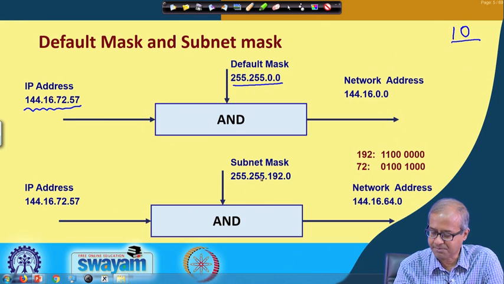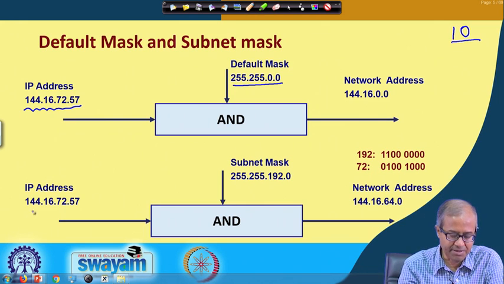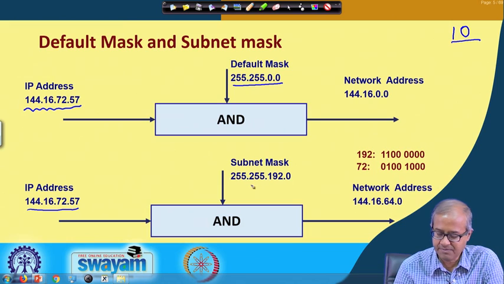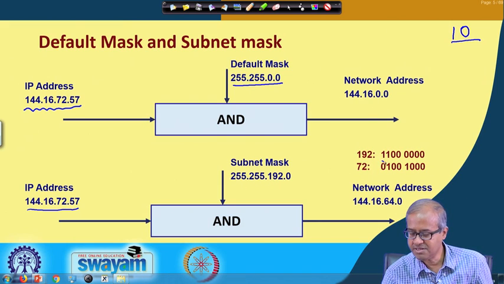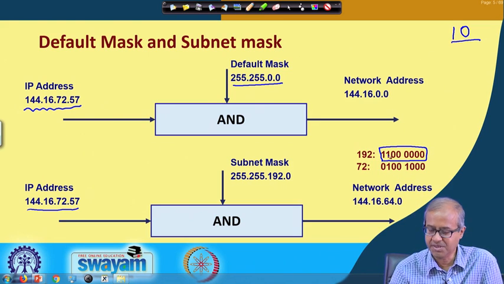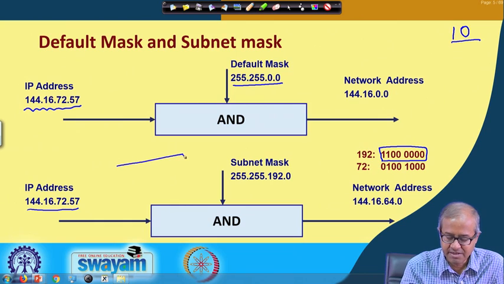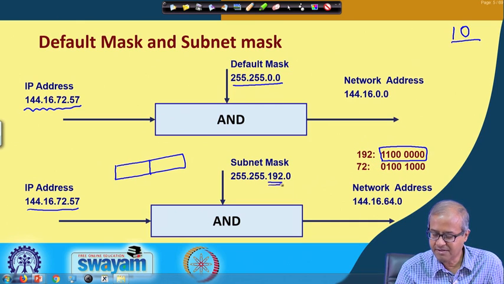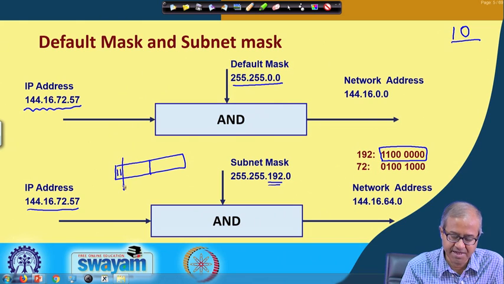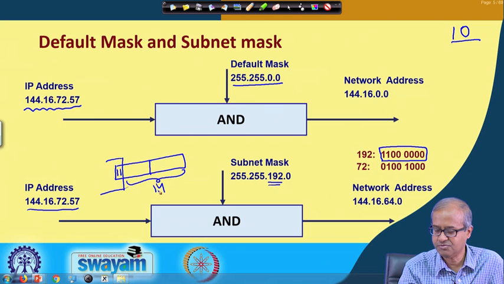But if you are using subnet masking with the same IP address, see, 192 means this pattern: the first 2 bits are 1. In a class B, the last 16 bits indicated the host, but in this subnet I am also using 2 more bits; these 2 bits I am taking out. So I am left with 14 bits for the host.